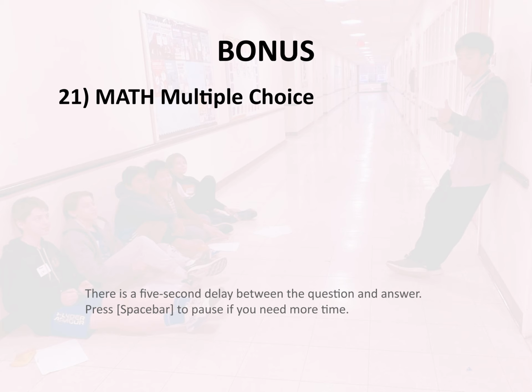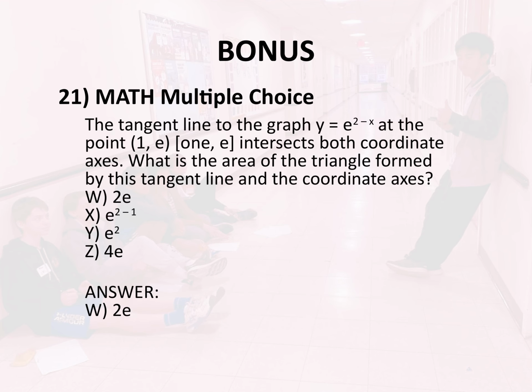W. 2e. X. e squared minus 1. Y. e squared. Z. 4e. Answer: W. 2e.